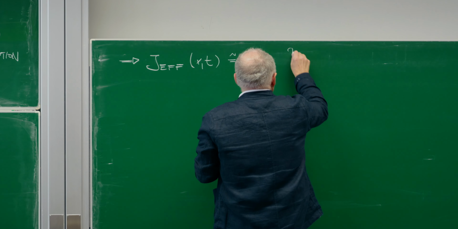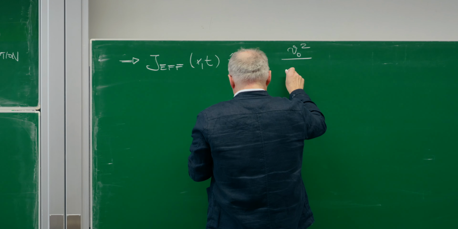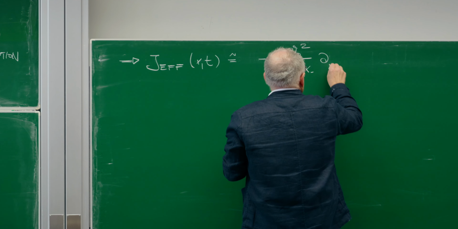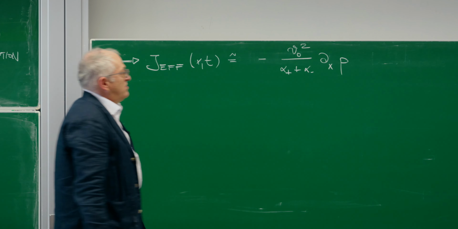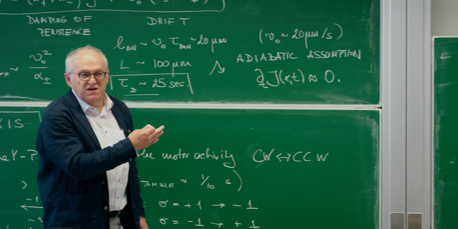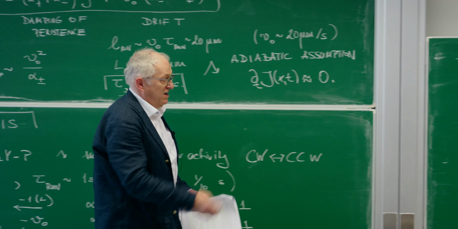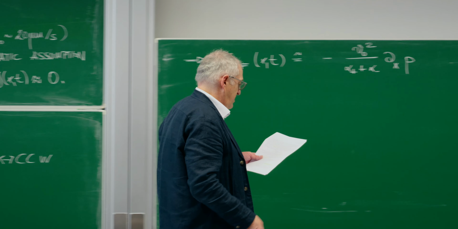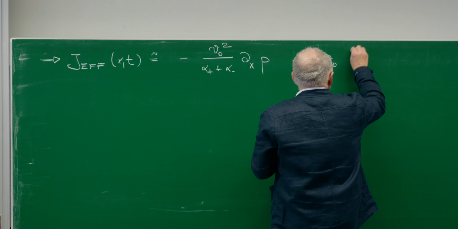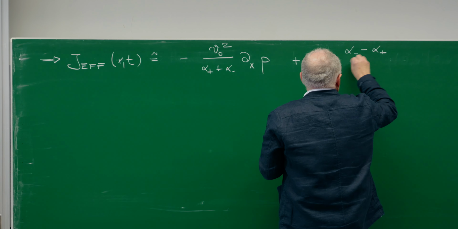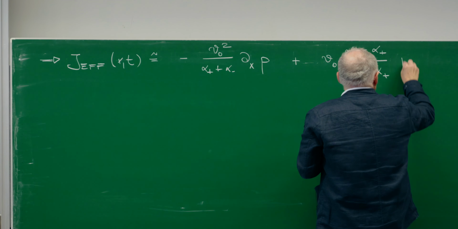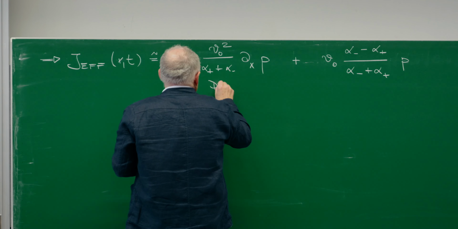One is minus V naught squared over alpha plus alpha minus d_x P. Right, and this is what I've been talking about before. This is a diffusive current with an effective diffusion coefficient D given by the velocity squared divided by the rates. And the second term is V naught, and now you have the difference between the rates, and here you have the sum of the rates times P.